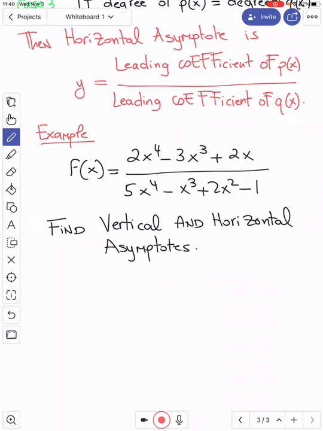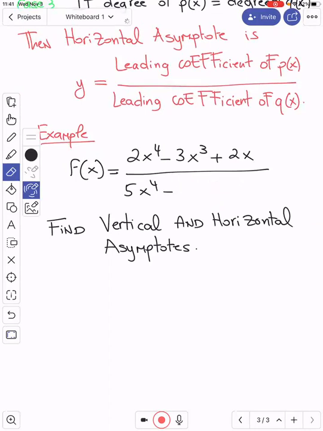For the vertical asymptote, sorry, I should probably change this a little bit to make it easy to solve. So let me just say this is actually 5x fourth minus x cube minus 2x squared.